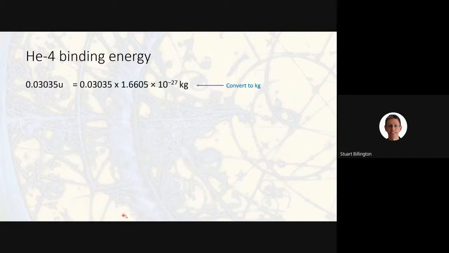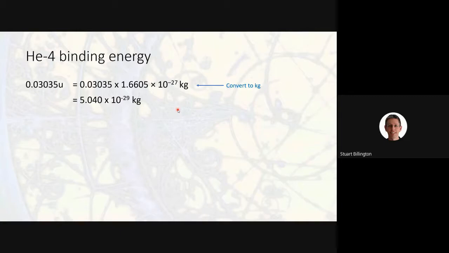To convert the atomic mass units into kilograms, you needed to just multiply by the conversion factor. So every single atomic mass unit is that many kilograms. You've got 0.03035 atomic mass units. If you multiply those together, you'll get that many kilograms, which is a vastly small number, which is why we use the atomic mass units in the first place.